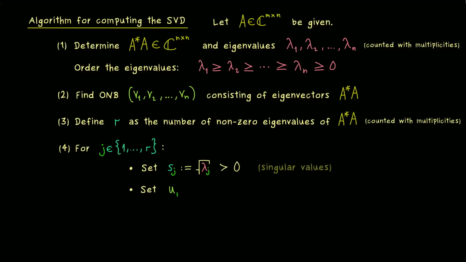So as in the last video, we will call them u_j. And there, as we have discussed at the beginning, these are not eigenvectors of A star A, but rather of A A star. So it's the other order, but as we have already seen, both things are connected by the matrix A. So if you multiply v_j with the matrix A, we get out an eigenvector for the other order.